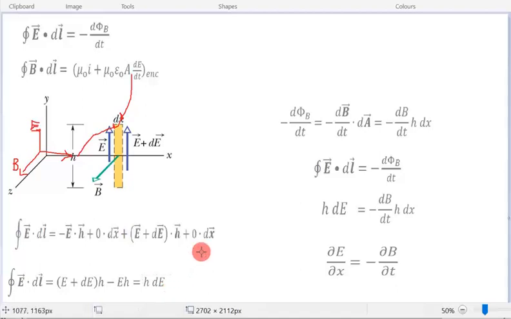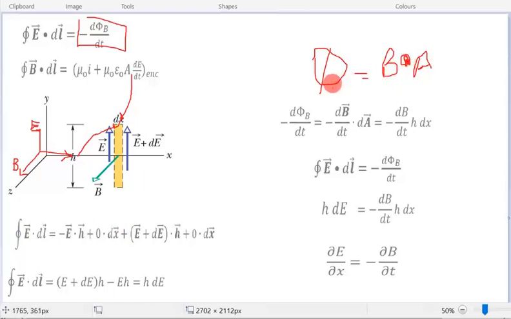Okay. Now let's take the right hand side of the equation also and see how we can express it. The right side of the equation says the rate of change of the flux gives us the induced EMF. Now, flux is given by magnetic flux, so B dot A. I hope you remember.